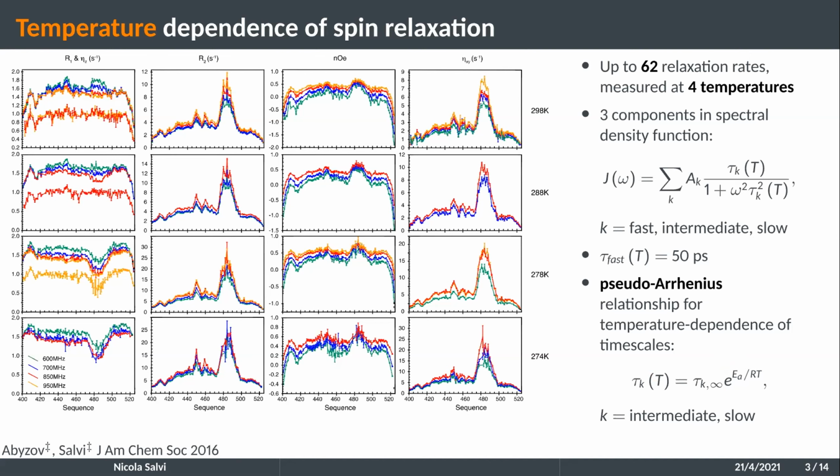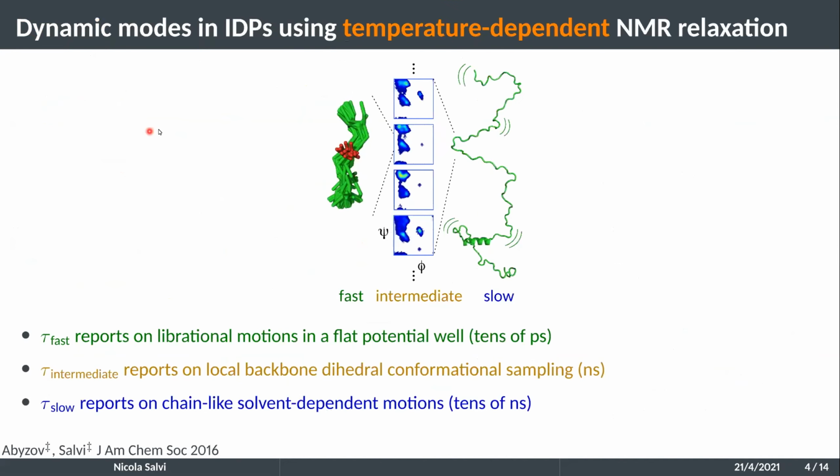And this is what actually gives us insight into the physical origin of these dynamics. Now, long story short, we can assign these fast modes to local librations, intermediate dynamics to the sampling of backbone dihedral angles, and slow dynamics to solvent-dependent motions that are segmental in their nature.